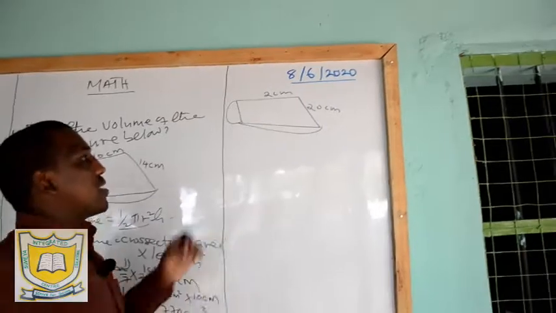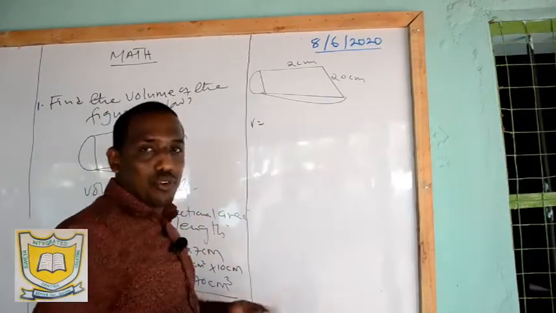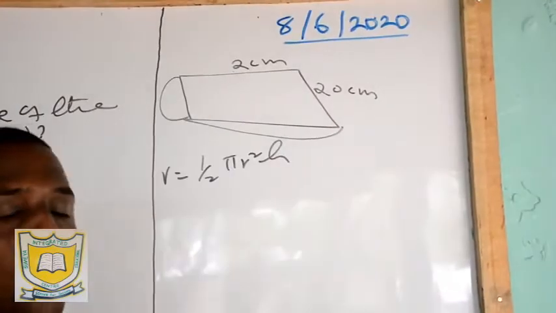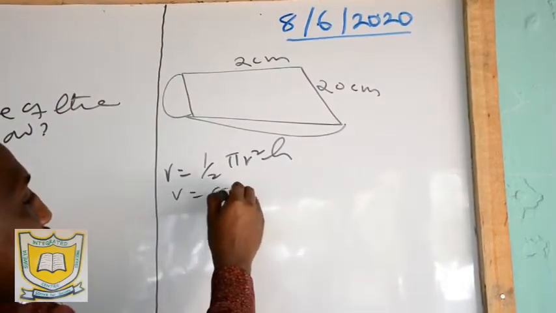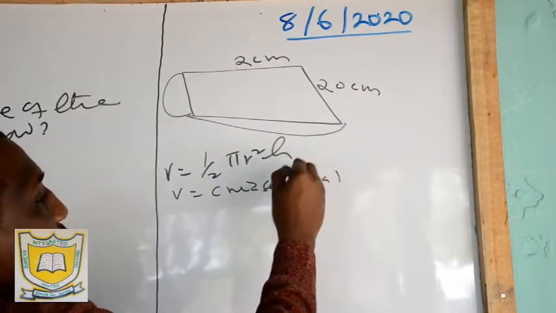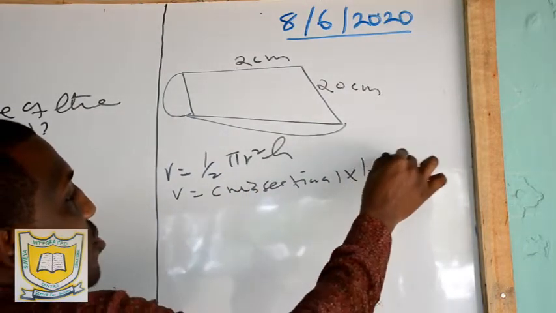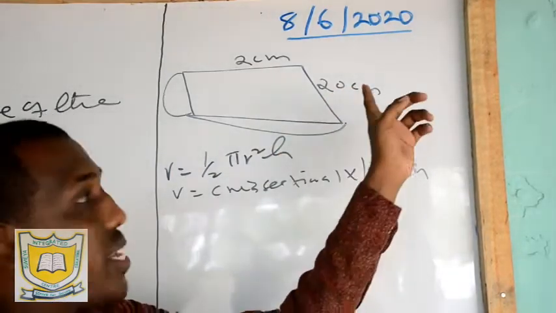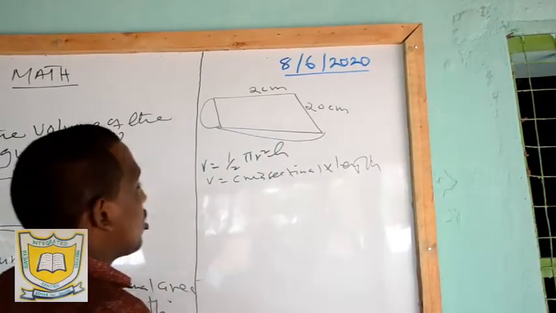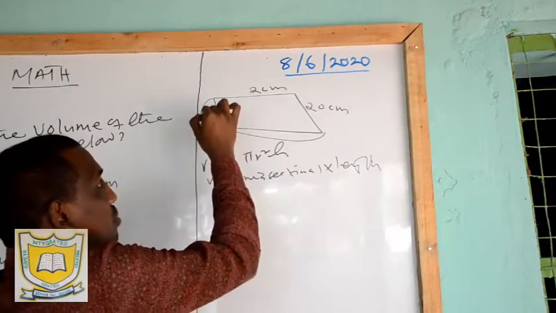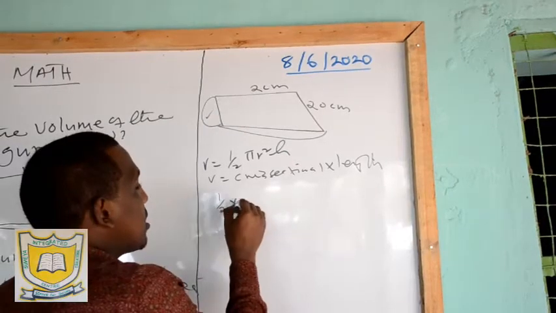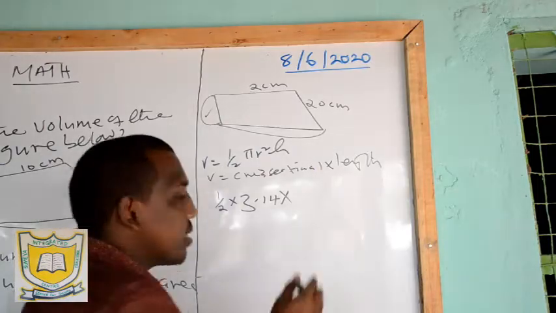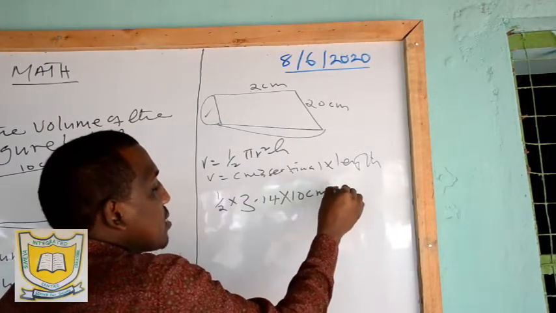Remember, we say the formula for the volume of a trough or a half solid is a half by r squared h, or cross-sectional area times length. You can also say that. So for now we shall be using 3.14 because the diameter is not divisible by 7. So let us say now a half times 3.14 times, now this is the diameter, the radius will be 10, times 10 centimeter.